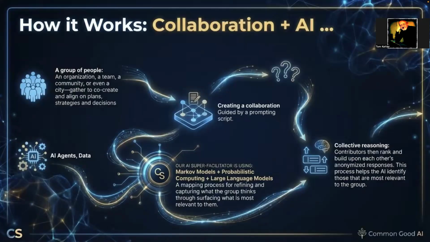So, how it works is we bring a group of people together. In this case, we won't engage AI agents. We create a collaboration. I also call them, in this environment, a jam, because I'm really emphasizing that this is about adaptive learning, brainstorming, bouncing ideas off of each other, looking for serendipitous discovery.